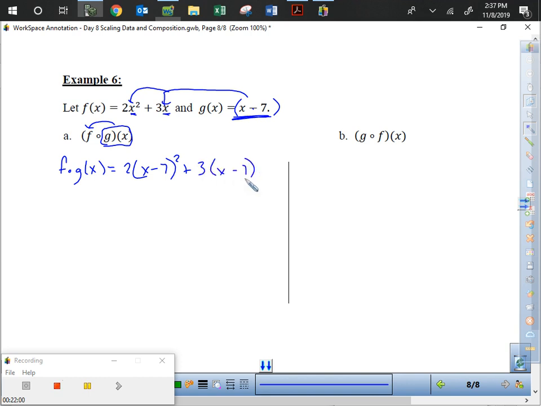Now, we only have one step here, but we will have to simplify, which usually requires a little bit more work when we're dealing with functions versus just regular numbers. So, when I say squared, remember that means it's really happening twice. So, I'm just going to go ahead and rewrite it twice, but then bring down this rest here.